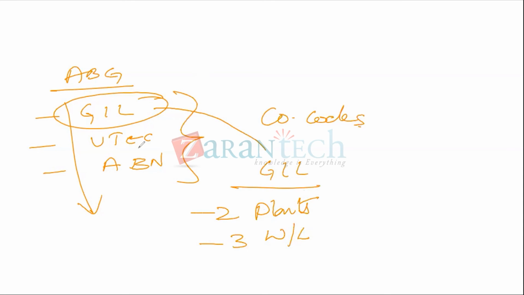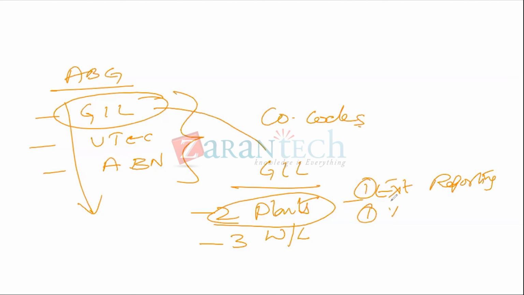Now, when we are trying to analyze and study this, out of these two plants, one plant is actually doing external reporting. What does this external reporting mean? One plant is doing external reporting, one plant is doing internal reporting.